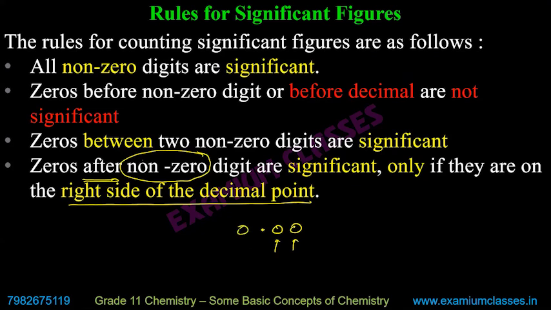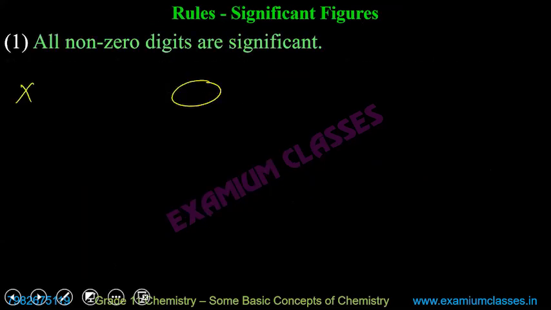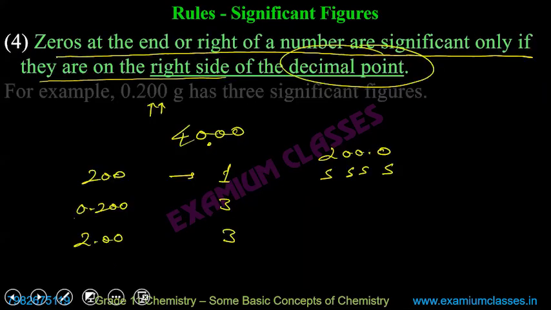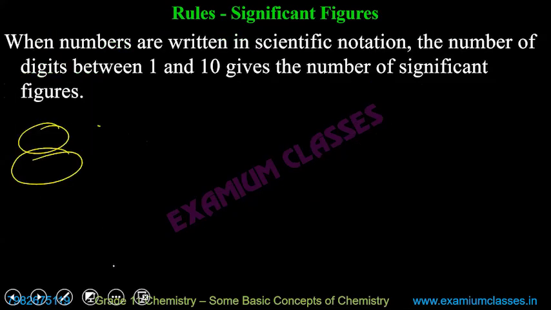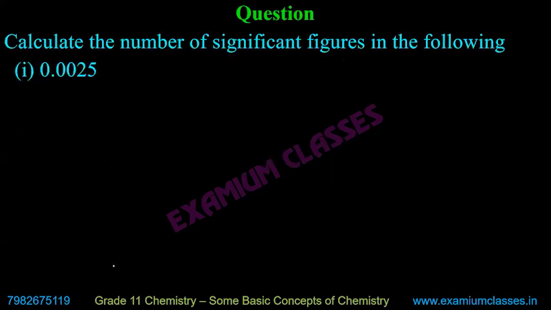But if I have 0 here, this condition is not met. These zeros are after 0, so they are not considered significant. That's why in this case we have not considered these zeros as significant.